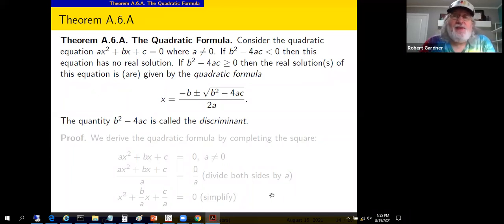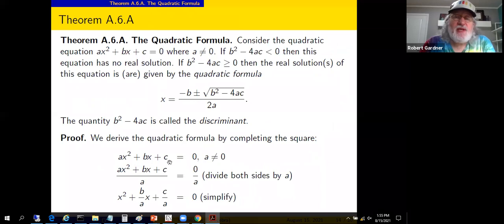So let's take the quadratic equation, ax squared plus bx plus c equals 0, where a is non-zero, and let's manipulate it. I want to complete the square. By completing the square, we'll be able to take some square roots of a square and isolate x.